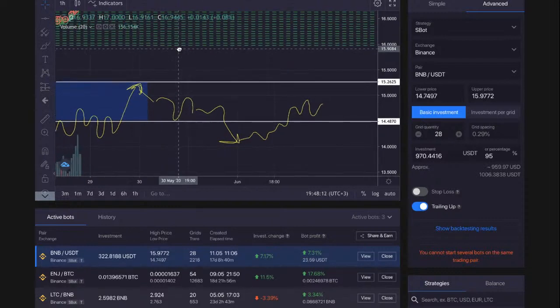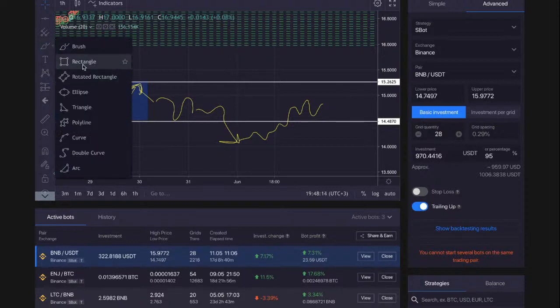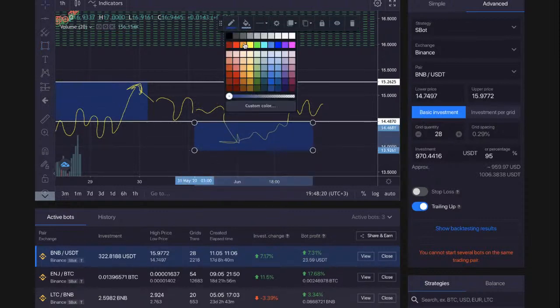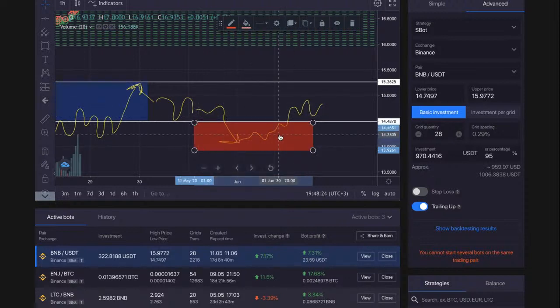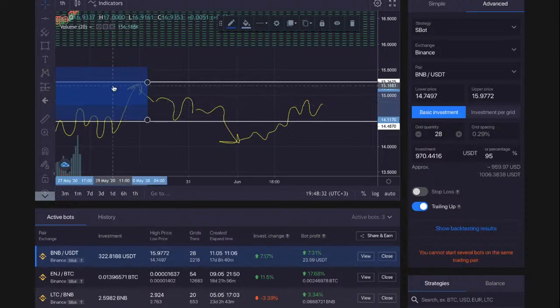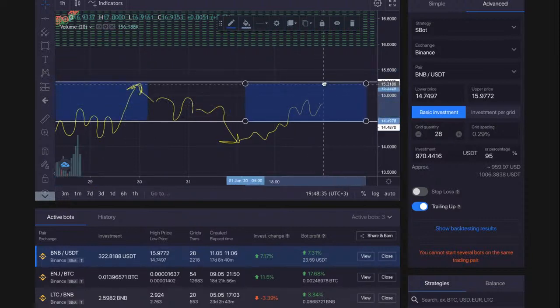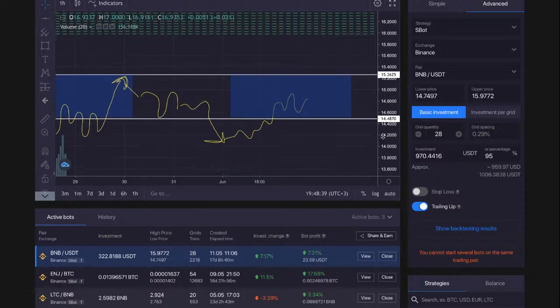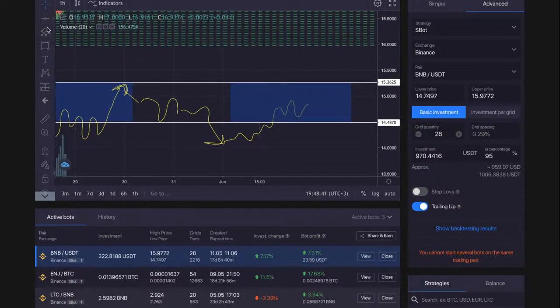So each time the price is below the trading range, like here, there won't be any trades executed by the bot. But when the price comes back to the trading range, then the trading will continue. So we are in a game once again.